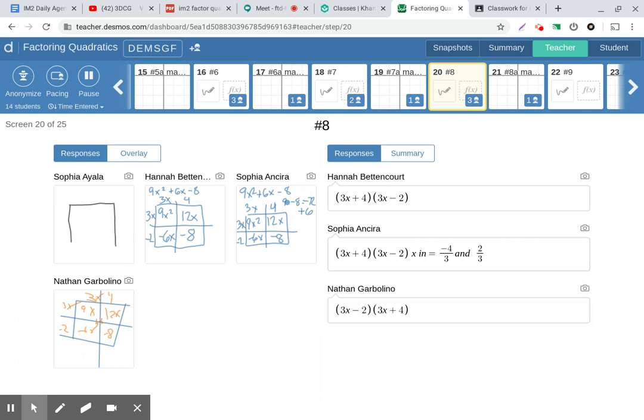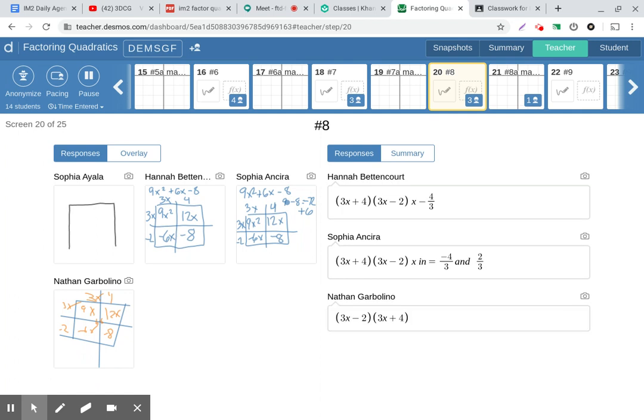So when you get to problems like number 8, they take a little exercise. Good.